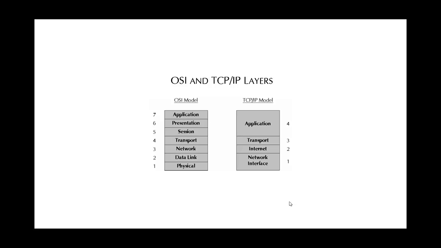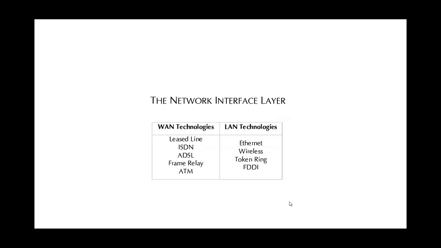Instead, it supports a number of WAN and LAN technologies defined by other standards authorities such as IEEE and ISO. Some of the more important are shown on screen, but this is far from a complete list. You should also note that any functions of the OSI session and presentation layers need to be built into a TCP/IP application layer protocol if required.